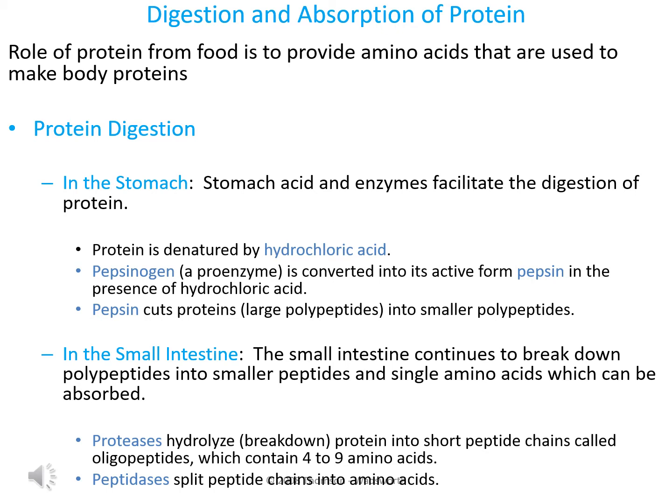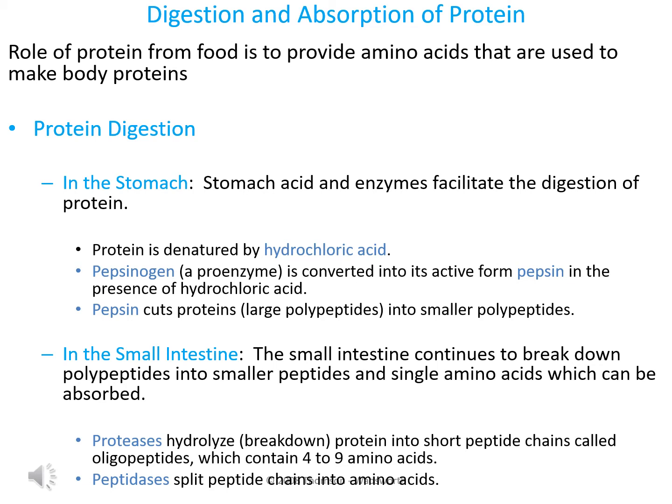Pepsinogen and pepsin are enzymes present in the stomach that are key to this process, which allows polypeptides to be cleaved into smaller units. When these smaller polypeptides enter the small intestine, specialized enzymes are present which can break them down or digest them further.